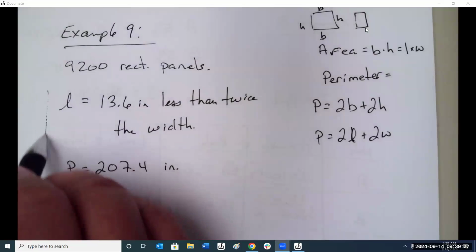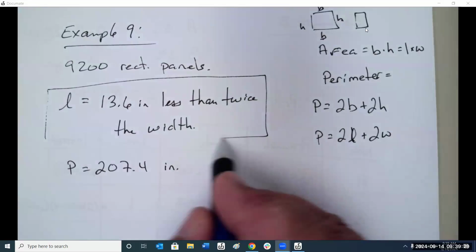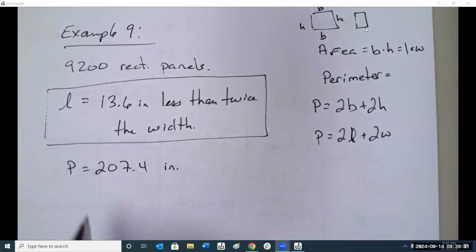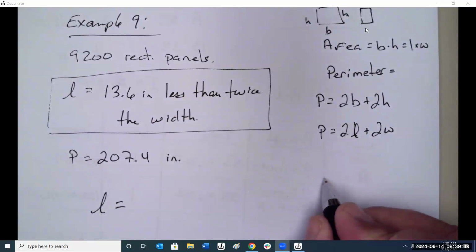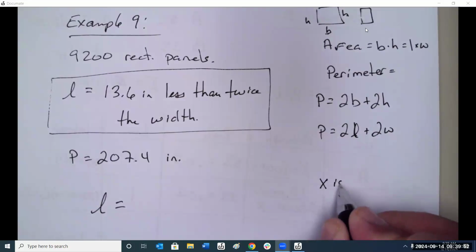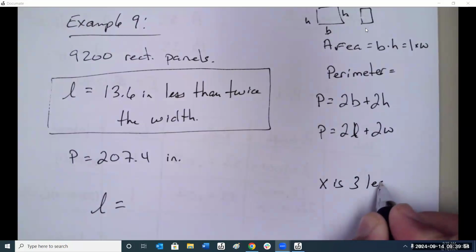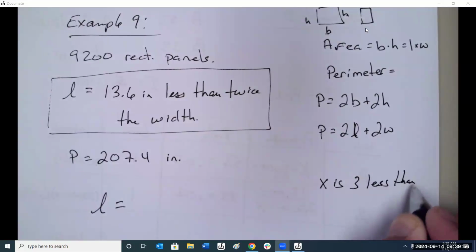So we have to first write the equation for the length. Length is equal to what? Well, how do we write that in math? So if I give you something, X is 3 less than 5.